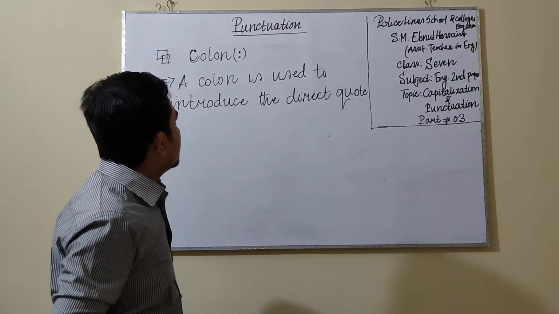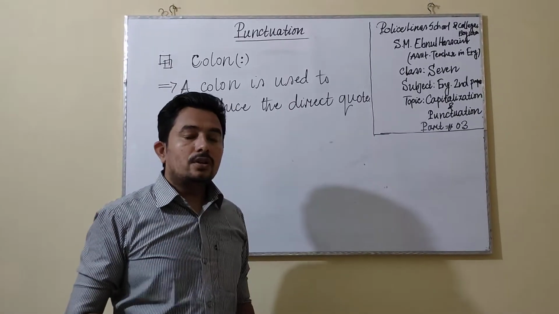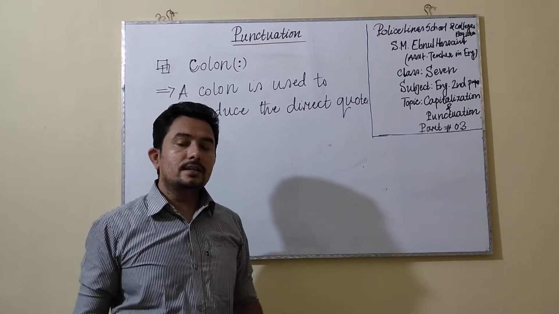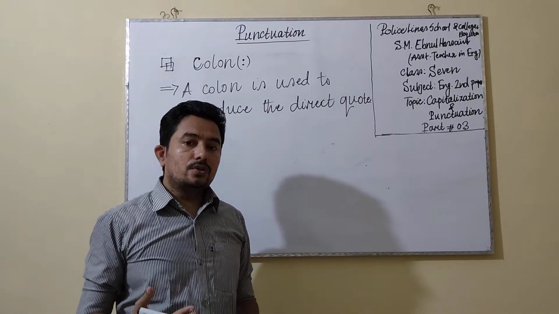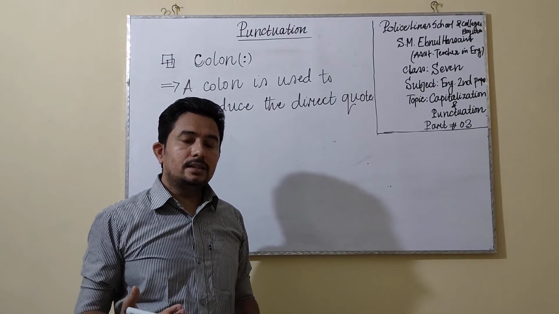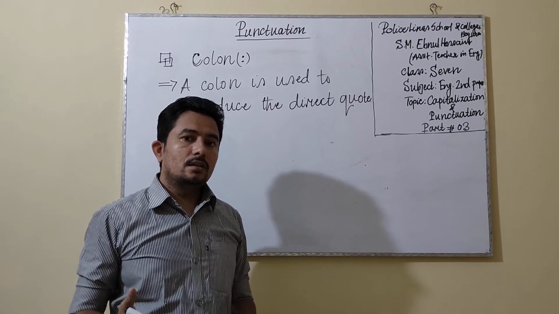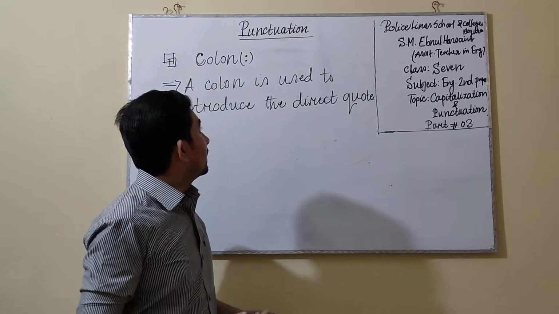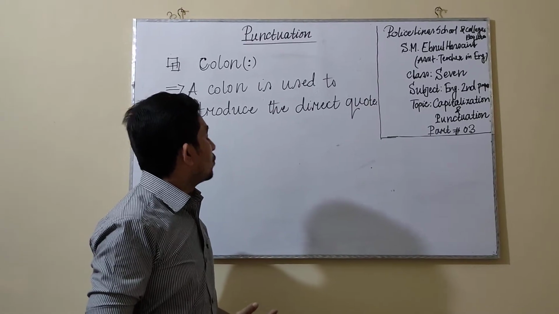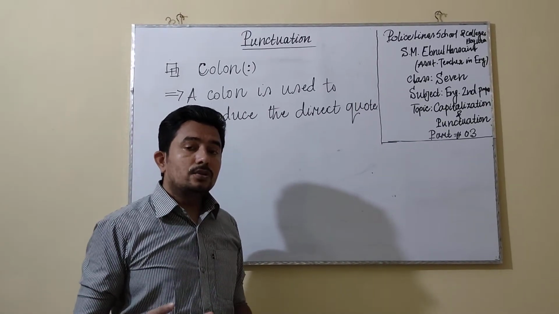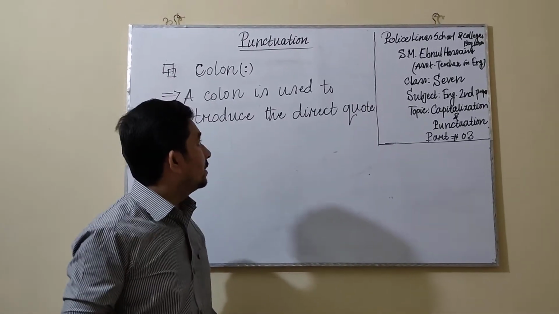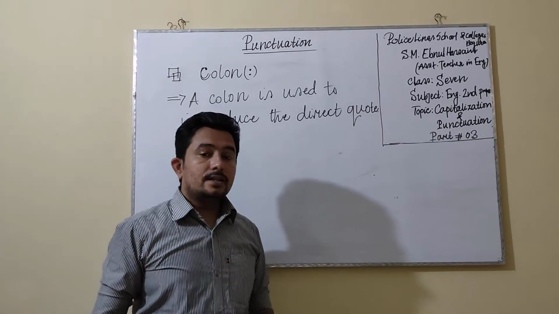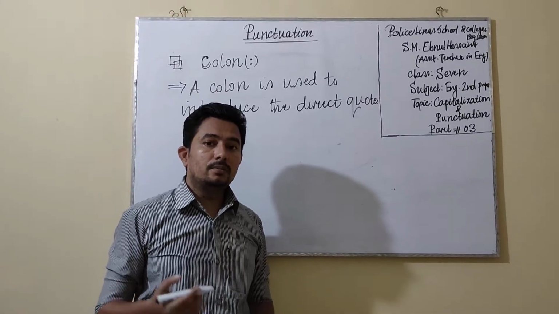We can say that a colon is used to introduce a direct quote, that means to introduce or to state the exact words of the speaker. In this case, a comma is also used to introduce the direct quote. Let's have an example, then you will be clear.